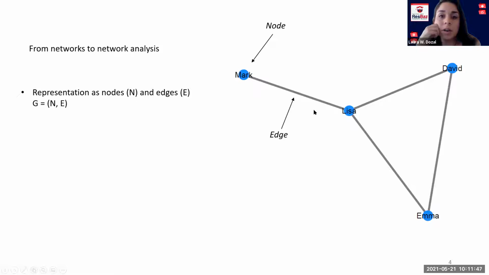Edges are what links nodes together. Edges are also called links or ties. So we know there's a relationship between Mark and Lisa as nodes or actors, and they are connected by an edge or a tie. And so a network graph is made up of nodes and edges.